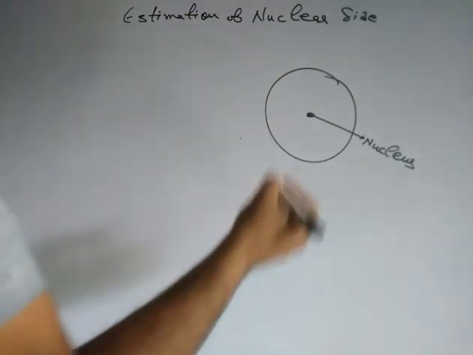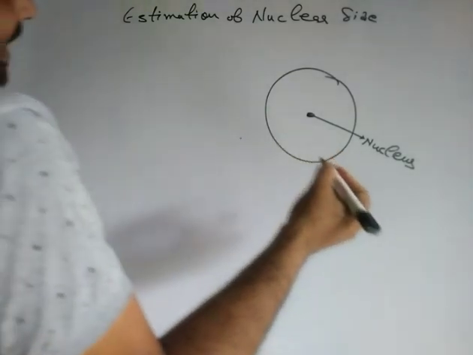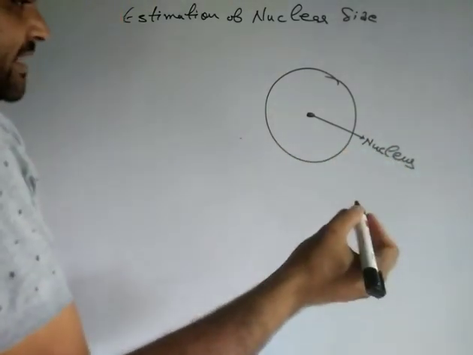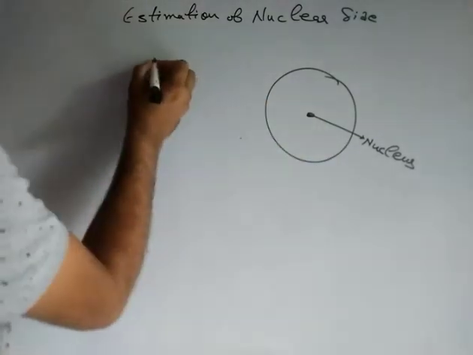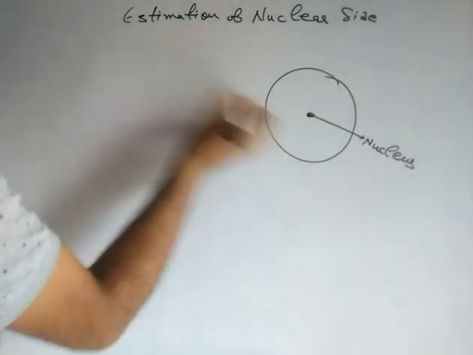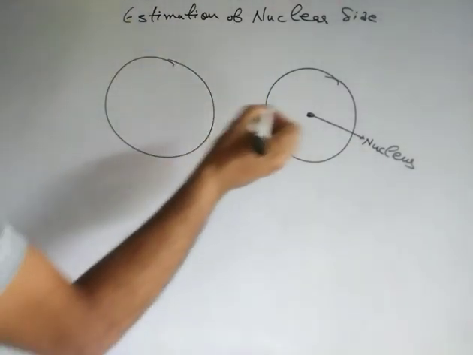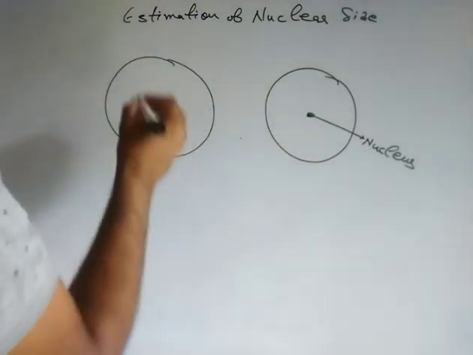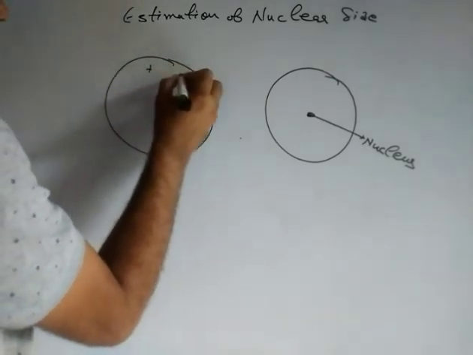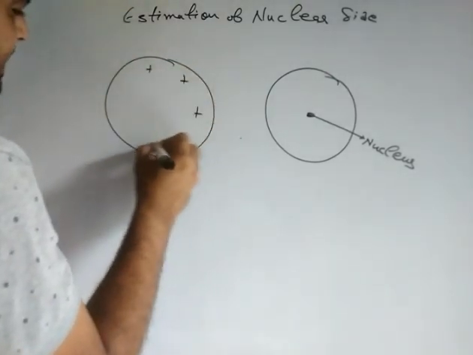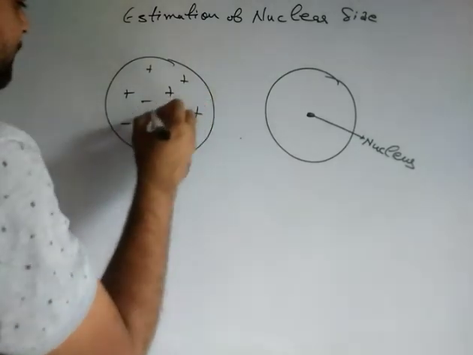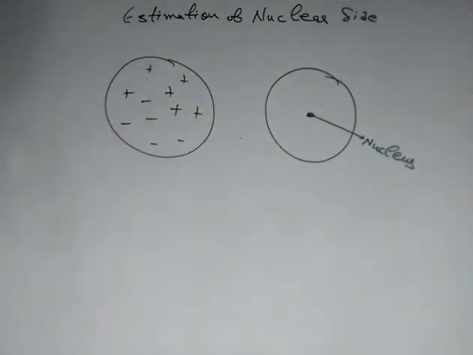So Rutherford said that alpha particles can only be backscattered if... because at that time the model in practice before the Rutherford model was the J.J. Thomson model, and in the J.J. Thomson model there is a positive and a negative charge which is uniformly distributed in the atom.